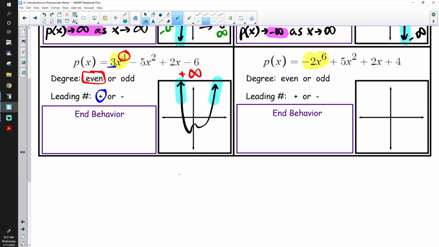If they're going down, it would be negative infinity. So for this graph, p of x approaches positive infinity, and again, p of x approaches positive infinity. So both ends are the same.